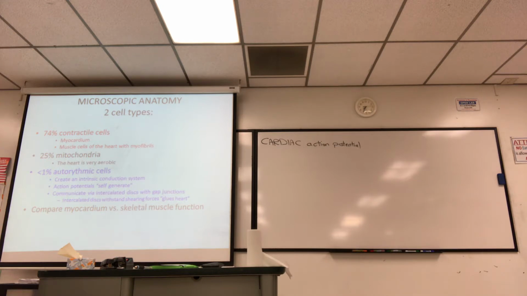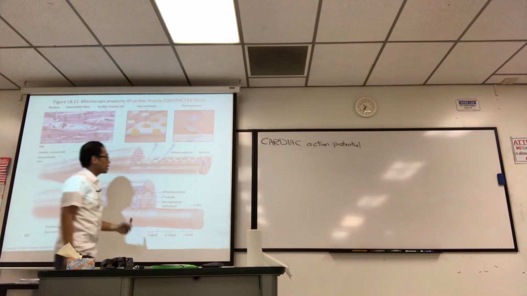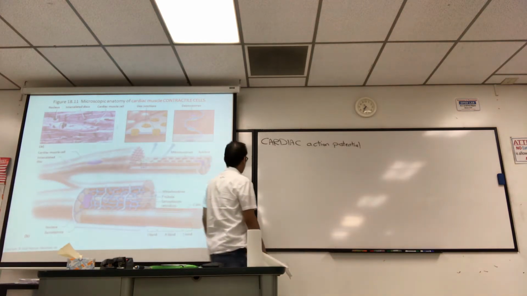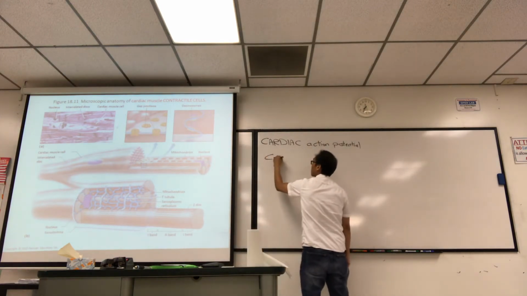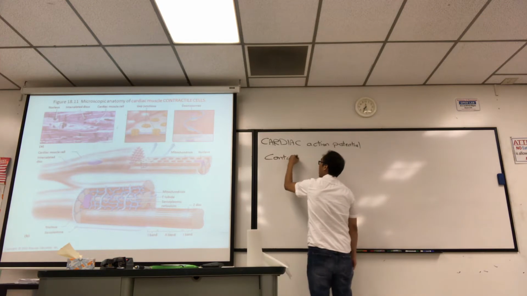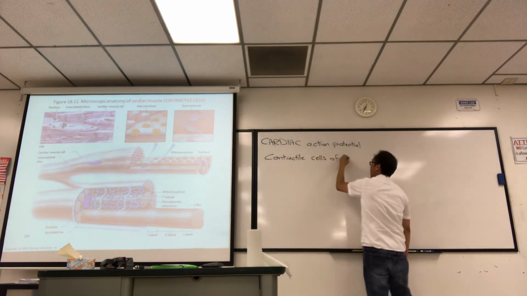Now you learned about skeletal muscle in 430. In terms of what cardiac muscle is, what makes it unique is the presence of intercalated discs. Contractile cells of cardiac muscle tissue.